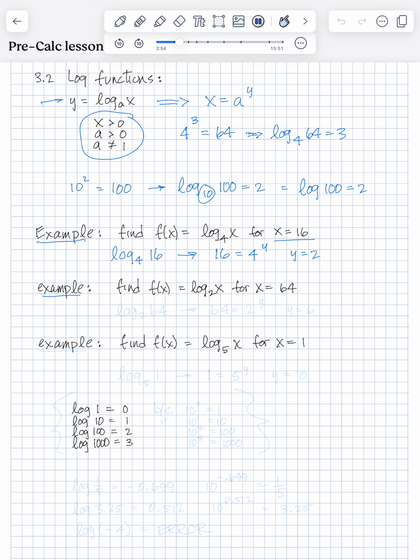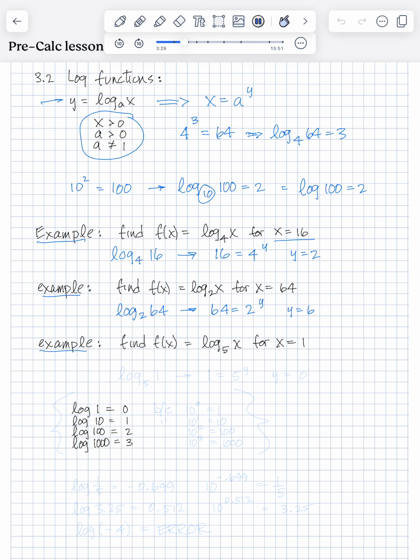Find f of x equals log base 2 of x for x equals 64. So we write log base 2 of 64, rewrite it into an exponential: 64 is equal to 2 to the y. And so this is going to be y equals 6. 2 to the 6th is 64.